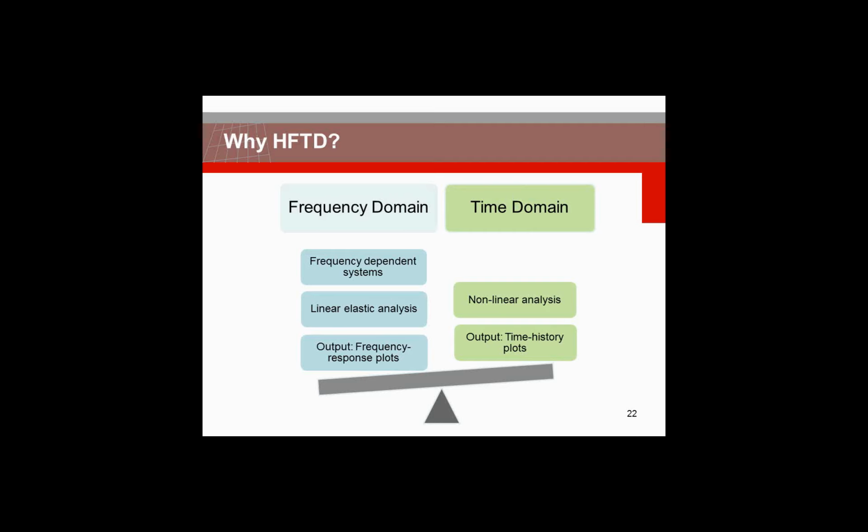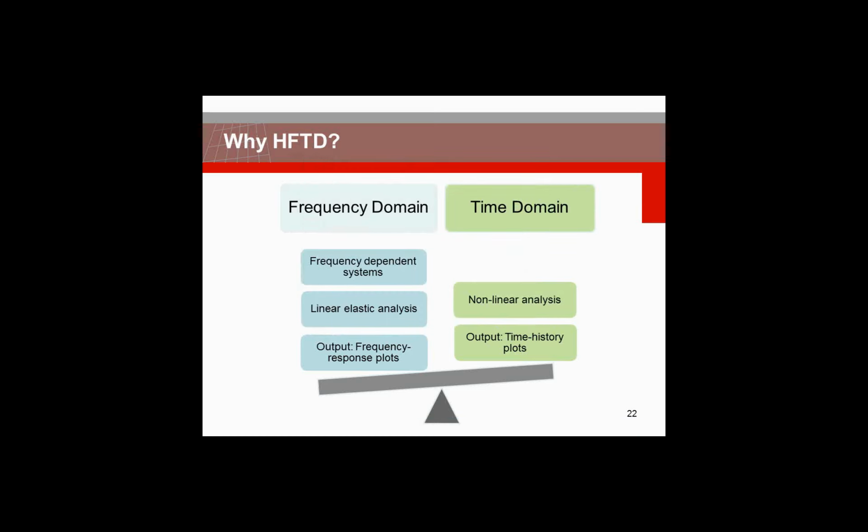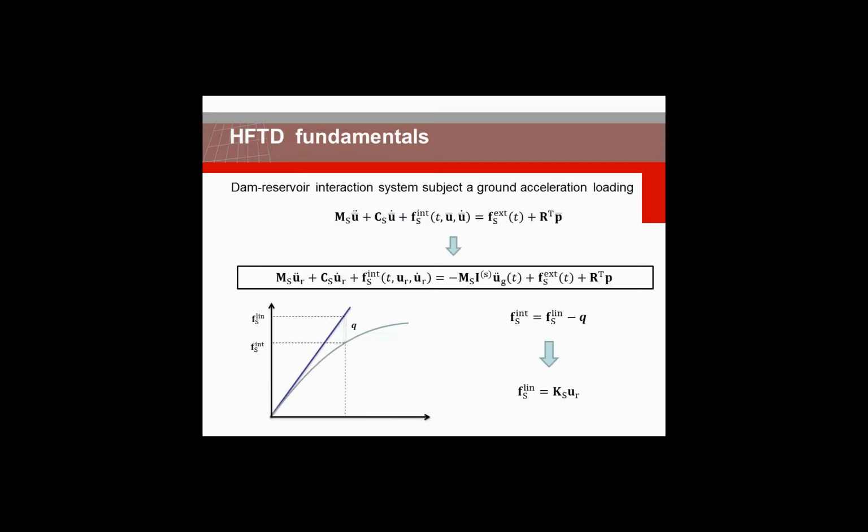And we have another drawback: we obtain only frequency response plots that are not so friendly for processing the data and understanding the analysis results. But in the time domain, we can do nonlinear analysis, and the output can be time history plots that are more friendly to show when we want to know the results of our analysis, right? So we combine these two types of methods, and we can do HFTD.